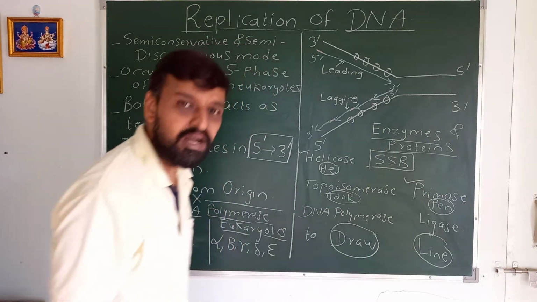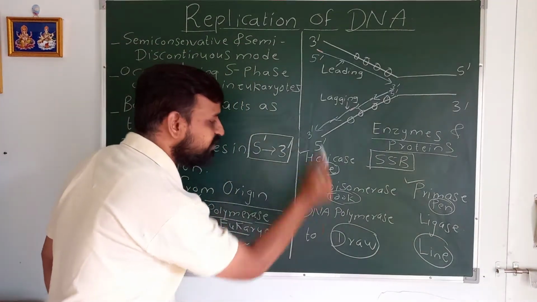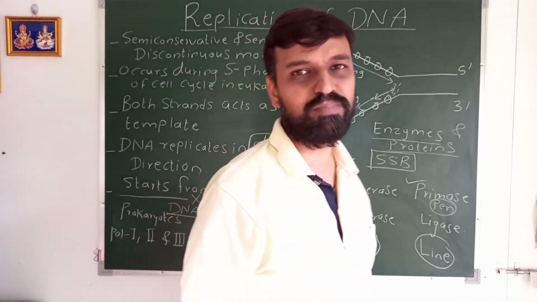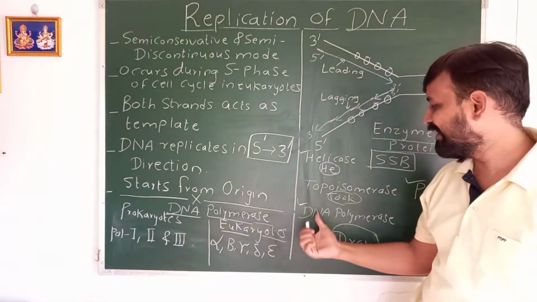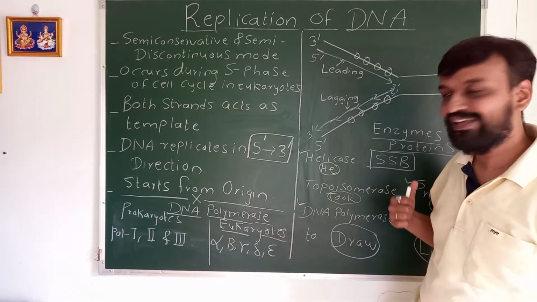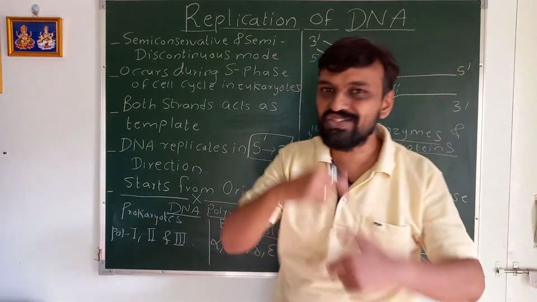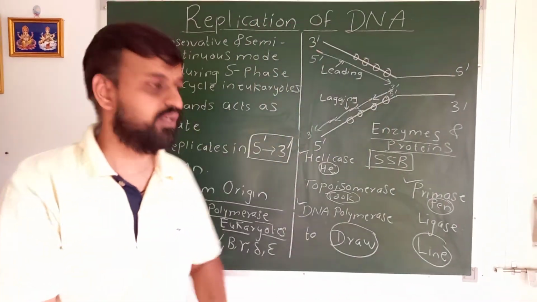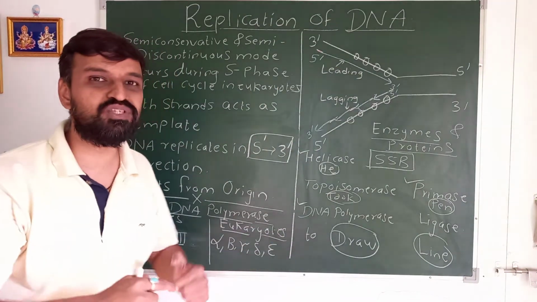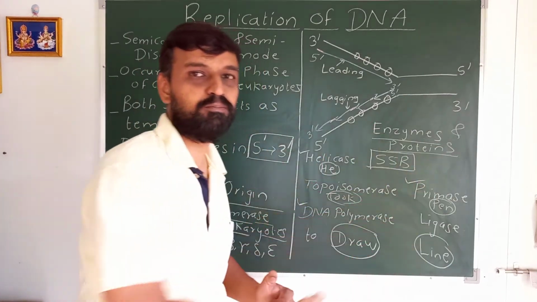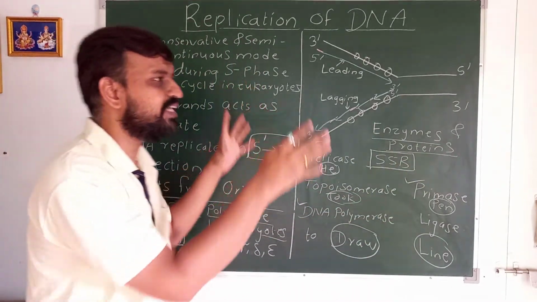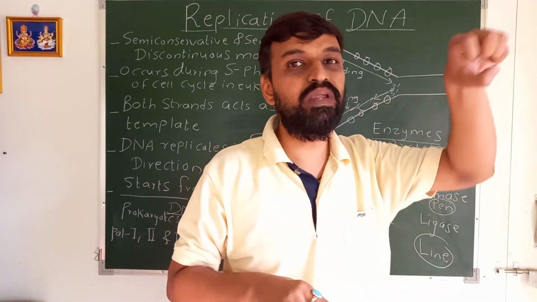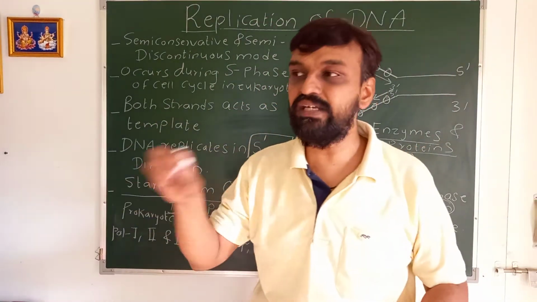Now, after this, the next enzyme, you can say the most important enzyme of the replication machinery, is DNA polymerase. Yes guys, you know there is the second step called elongation. In the elongation step, this enzyme helps in polymerization. Polymerization means what? In the cell, there are nucleotides which are already activated: dATP, dGTP, dCTP, dTTP.